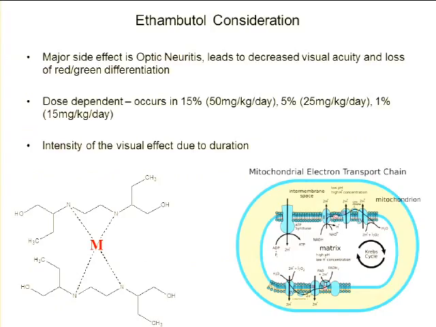And if copper is not available for cytochrome C, then the entire oxidative phosphorylation process in the mitochondria is disrupted, and you're not getting ATP generated. So essentially, without the proper copper levels, there's no ATP, and if there's no ATP in the mitochondria, then the cells will start to die off. And so that is how the mechanism of this optic neuritis occurs.